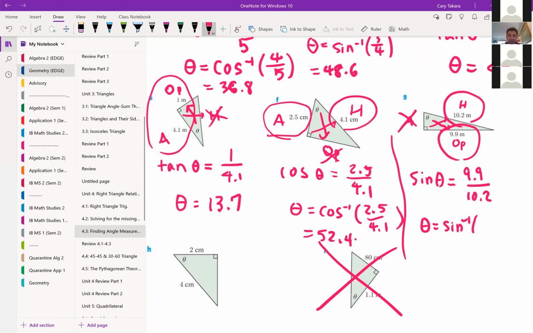Inverse sine of 9.9 over 10.2. Inverse sine of 9.9 divided by 10.2. Very good. They'll say 76 degrees. Excellent. Nice job, Alexis.